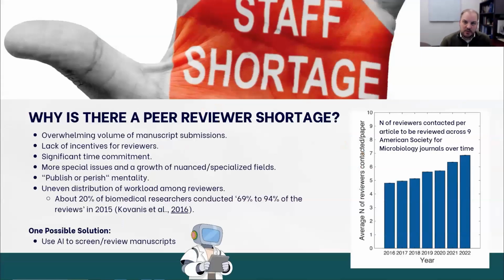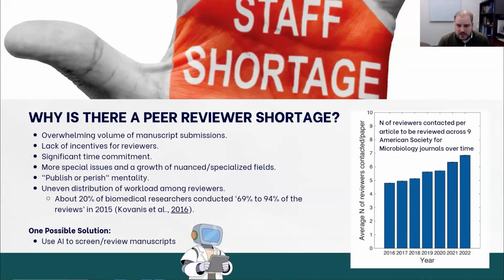So why is there a peer reviewer shortage? Well, the sheer number of research articles that are now being submitted to journals has grown significantly over the years, thereby placing a strain on the available pool of reviewers. In addition, peer review is typically a voluntary service with little to no direct reward, leading to a reluctance to participate for many researchers.